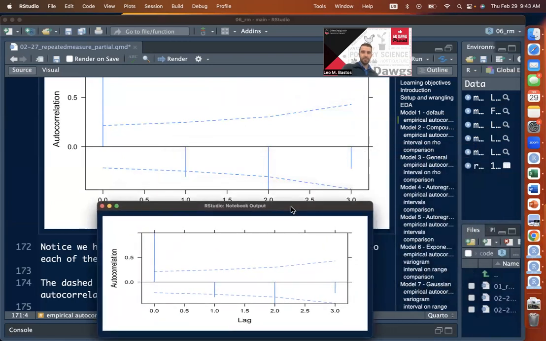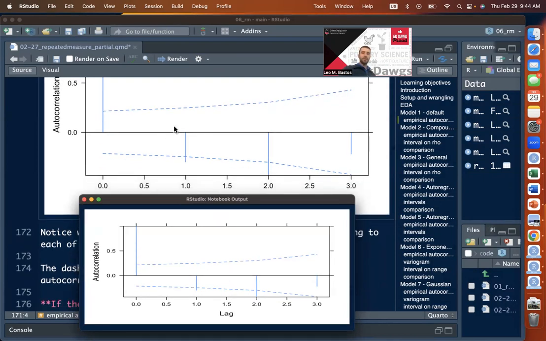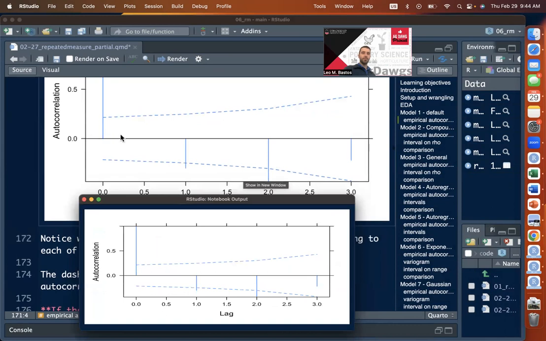I would say it's probably right on top of it because it estimated the correlation to be 0, which is what the model default is doing anyways. It's just that the default assumes 0 and is not even trying to calculate. And in this case, all the other ones are calculating some type of correlation. So the autocorrelation plotted at different lags from the AR1 correlation structure is actually looking pretty close to the model 1 default, which again, probably is because the AR1 estimated 0, and that's what the default assumes.